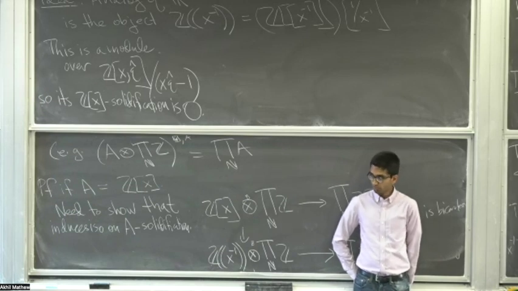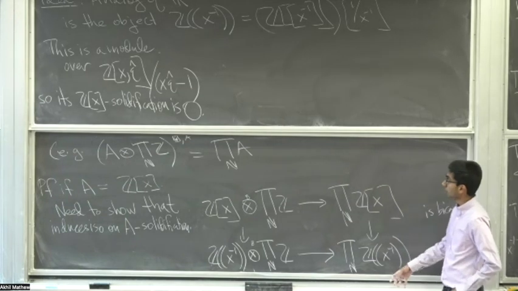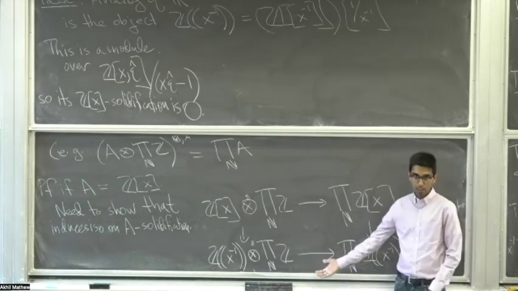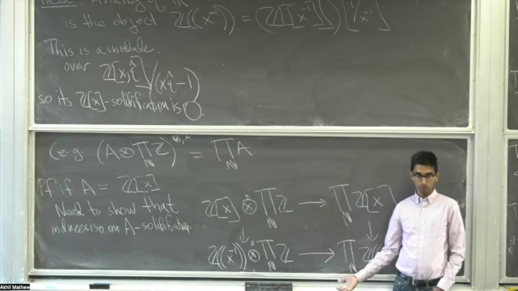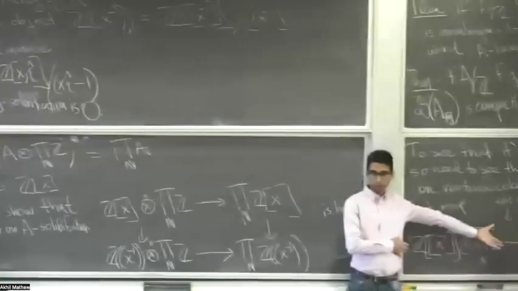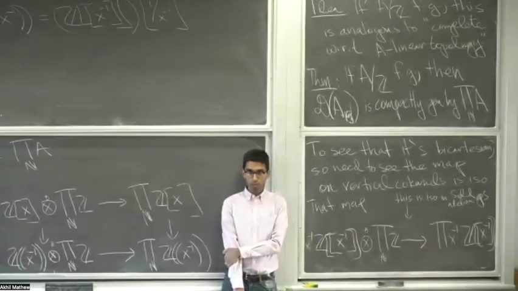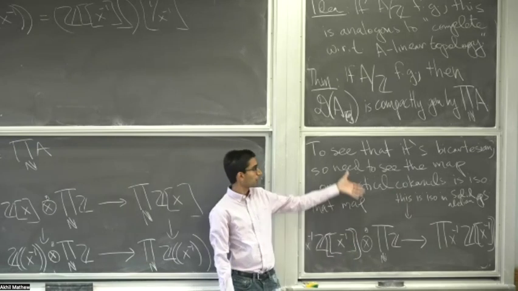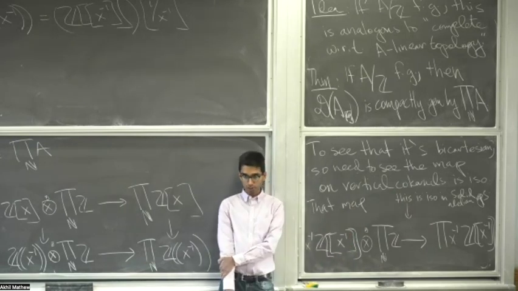I guess I'm out of time, but one thing to point out is that this distinction between solid A modules and A modules in solid abelian groups gives you some flexibility that one didn't have in ordinary algebraic geometry. So you have different objects that you can consider.